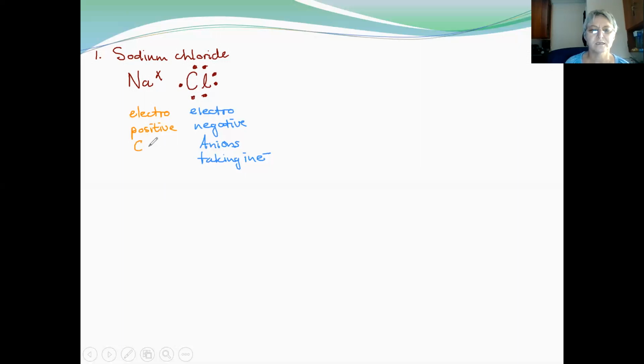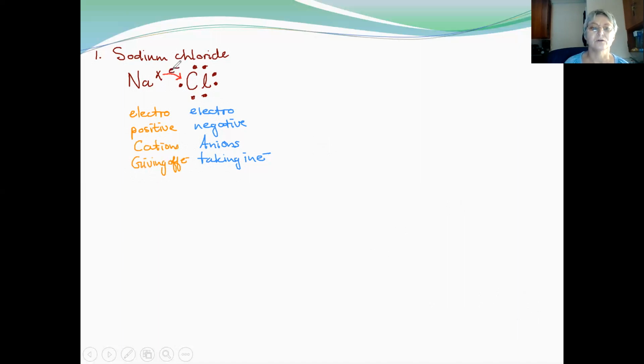It forms cations by giving electrons off. So the electron goes from sodium, it is transferred to chlorine. And the way we represent it is like that.